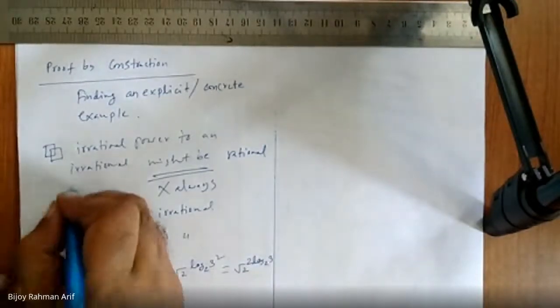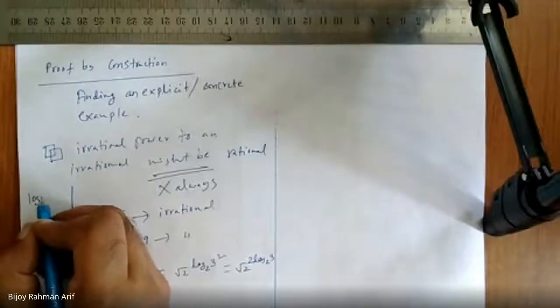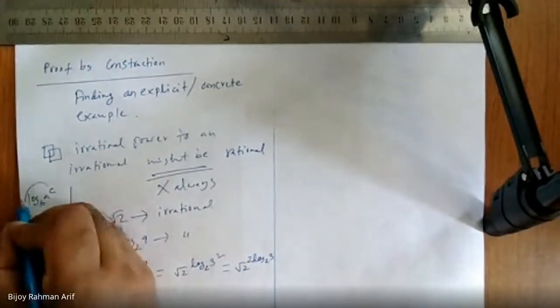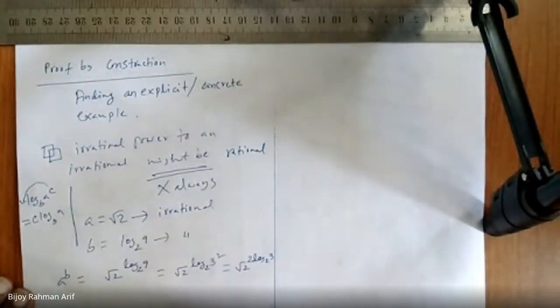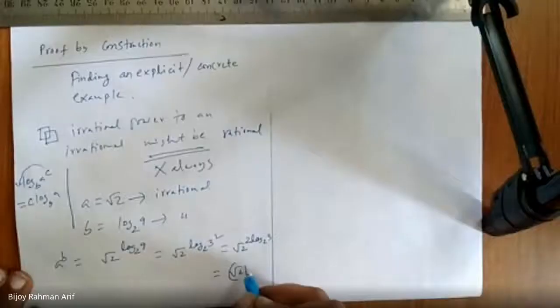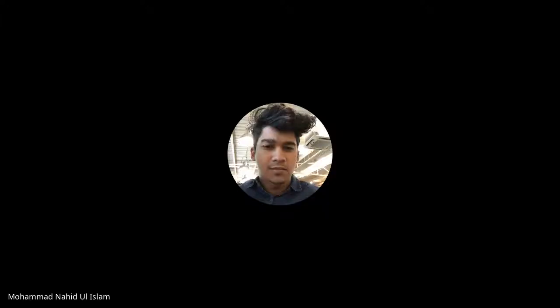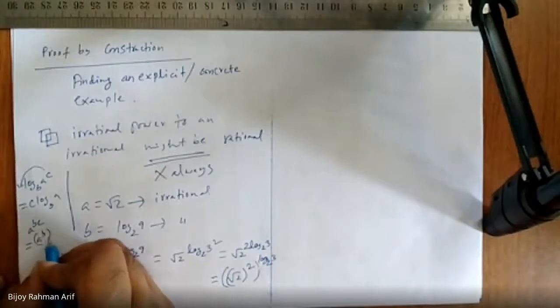If you know the property of the log, we know that log b base a to the power c is nothing but c can come forward, c log b base a. We did this thing. So this is nothing but again root 2 square to the power log 2 base 3, because we know that a to the power bc is nothing but a to the power b to the power c.